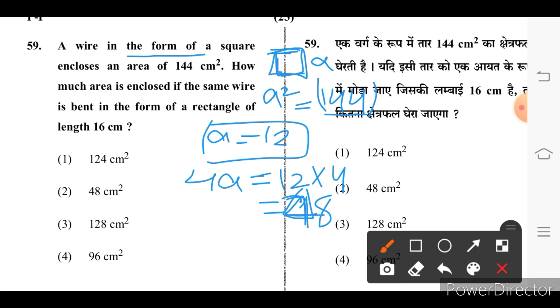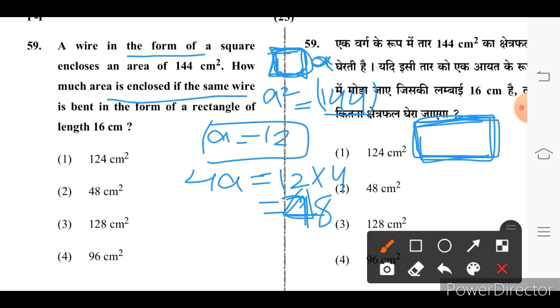How much area is enclosed if the wire is bent in the form of a rectangle of length 16 centimeters? Here it is the same wire, the length is the same, but one is in the form of a square and the other is in the shape of a rectangle.